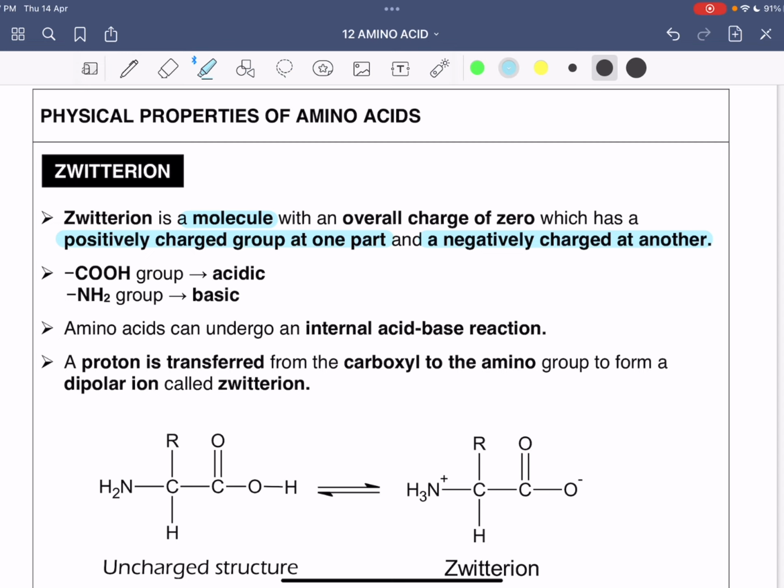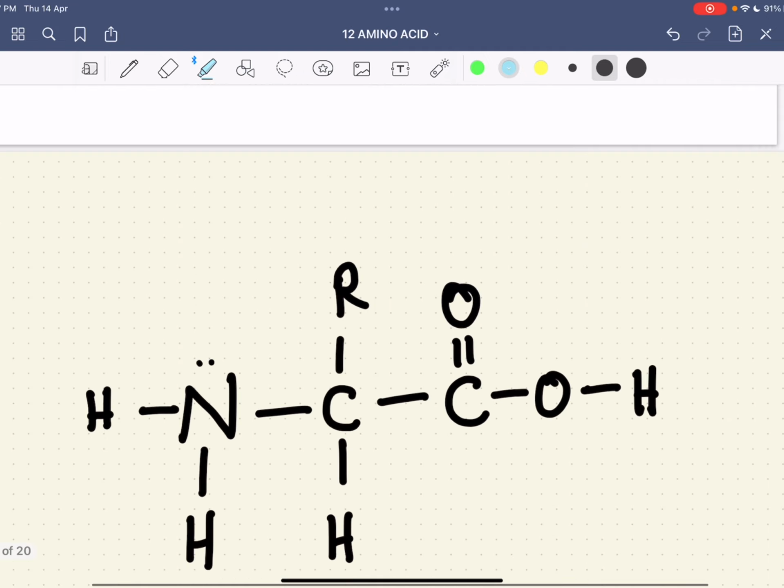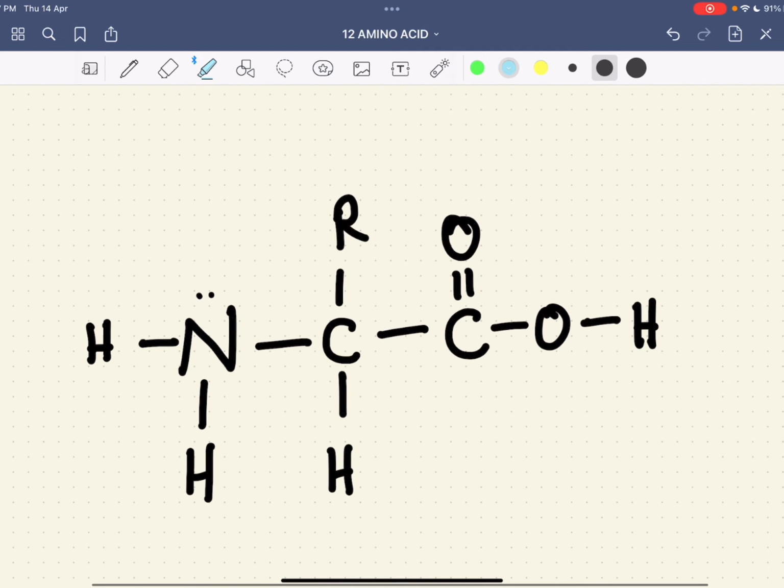So why does this happen? Because amino acid can undergo an internal acid-base reaction. Basically, the carboxylic acid will transfer its H plus, and the amine, at the amino part, will receive the H plus. So I would like to show you the example before I explain much. This is our amino acid.